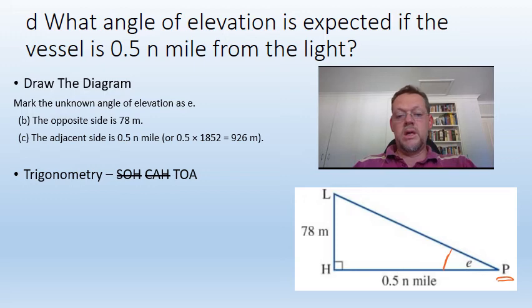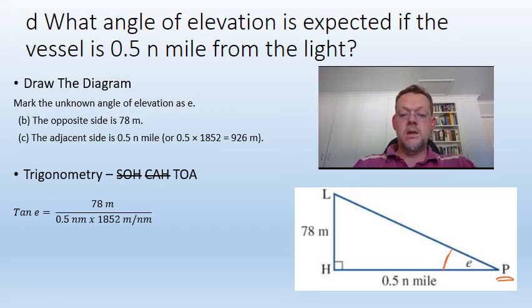So it's good old tangent ratio again. So the tangent of the angle is the opposite over the adjacent. And in this case, we know that the tangent of E has got to equal the opposite over the adjacent. And that's what we've done over there.